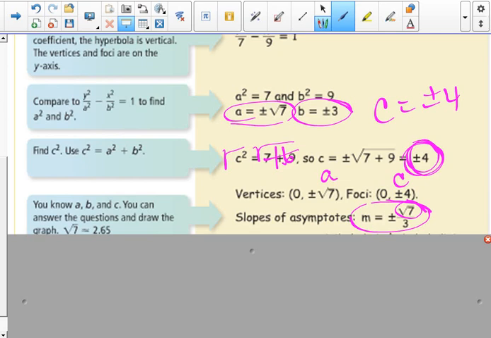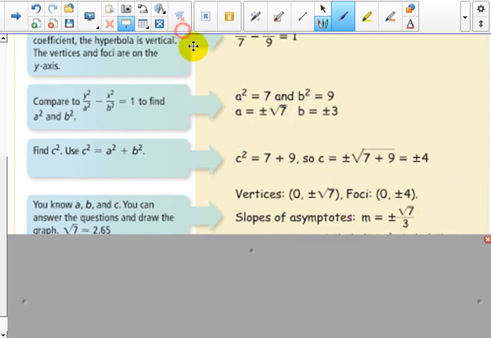But if you don't, think of, well, 3 times 3 is 9. Well, that's bigger than 7, so it's got to be smaller than 3. And 2 times 2 is 4, right? So it's going to be a lot closer to the 2 squared. So it's going to be 2 point something, right, over 3. And it comes out to actually 2.65 over 3.